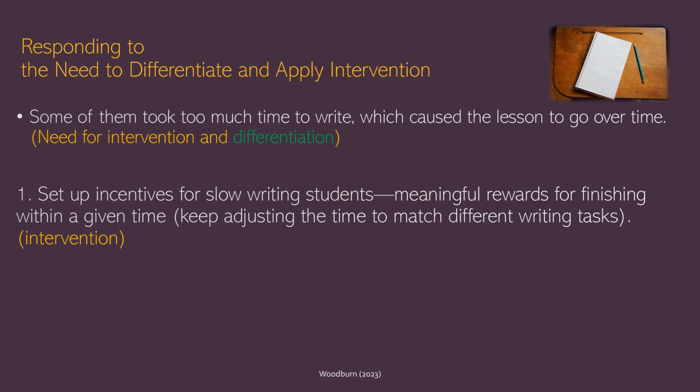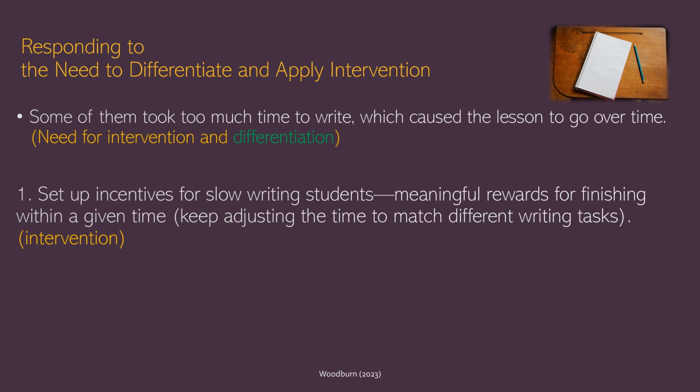Again, another problem that the teacher recorded was the length of time that students took to write down from the chart or the board. This caused the lesson to go over time, and so it is difficult to achieve all objectives if the lesson is going over time and you have to stop teaching.